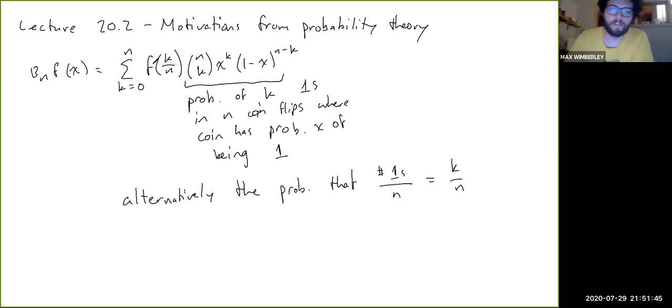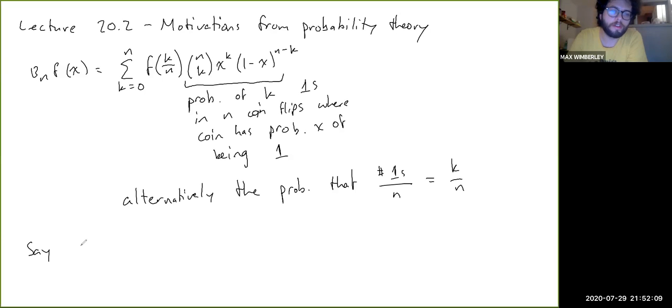So we see k over n in here, and f is a function of a random variable, which is the average of the results of n coin tosses.